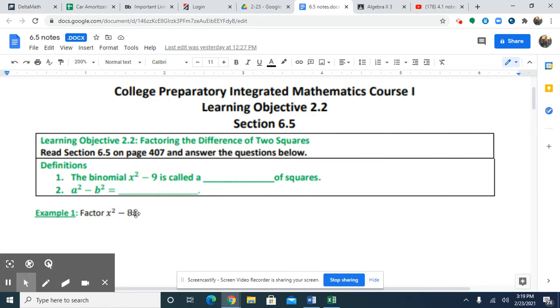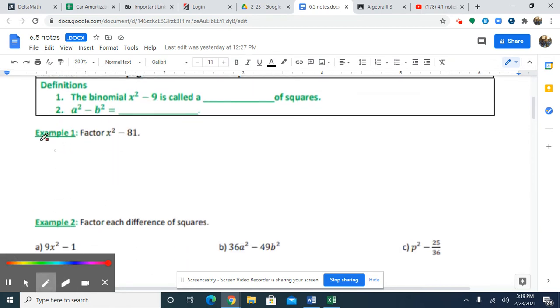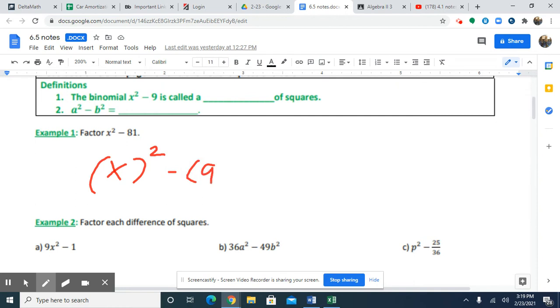So what we need to do is take an example like number 1 and rewrite it as a squared minus b squared. So what does that mean? X with the square on the outside, and then we can write 9 with the square on the outside as well. So now the term inside the parentheses, x, is a, and 9 would be our b.